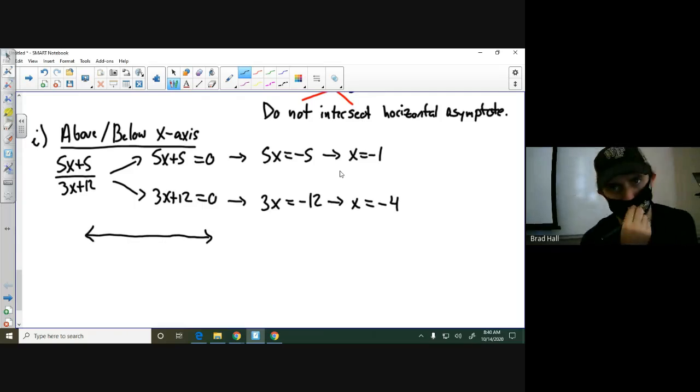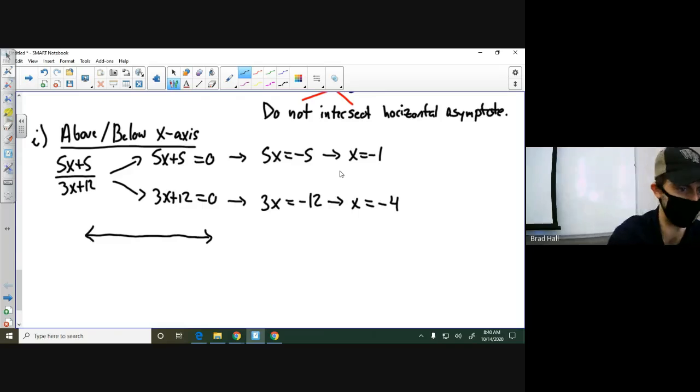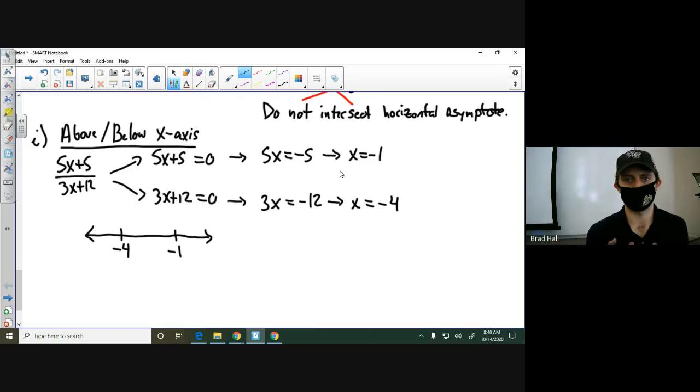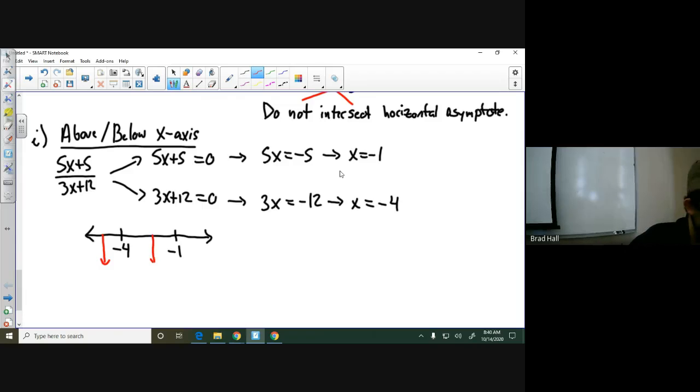So in order to have a number line test, we need a number line. And so from here, what it's saying is we've now split the interval into 3 sections. A section here, a section here, and a section here.